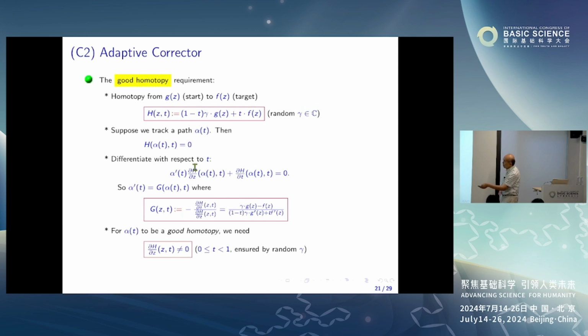And if you plug it back into this, it is this very nice rational function. And basically, a good homotopy means this doesn't vanish. So at every point you have a direction to go. You cannot vanish. You cannot go to infinity. And this must not be 0.